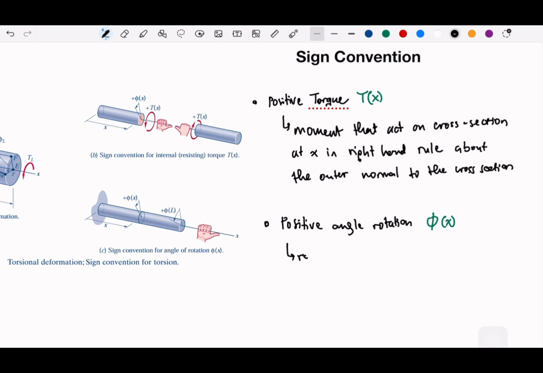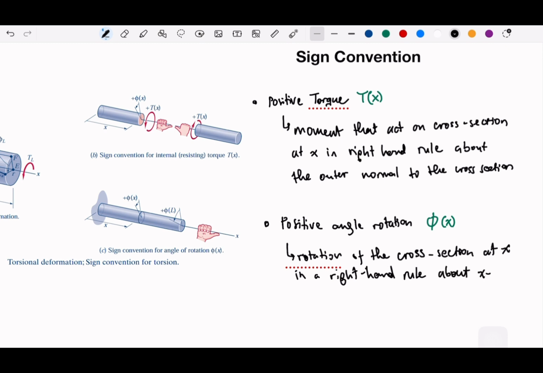So this is the rotation of the cross section at x in right hand rule about the x-axis, as shown in this figure.